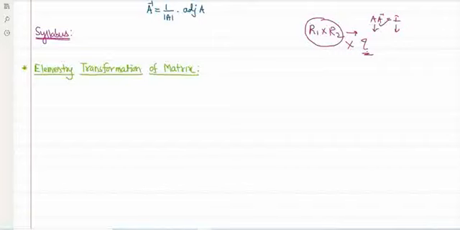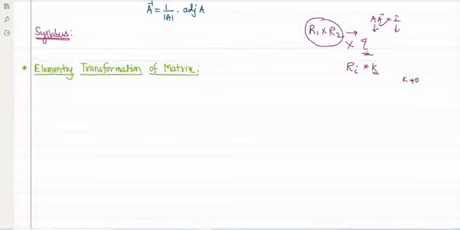Krishna says multiplication of any row or column by a non-zero scalar quantity. So this is an elementary transformation. Suppose first I will recall for the row. Ri is the row. Any row you can multiply by a non-zero scalar k, where k is not equal to 0. This is a transformation.